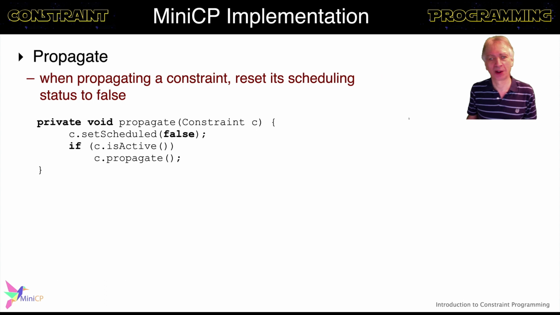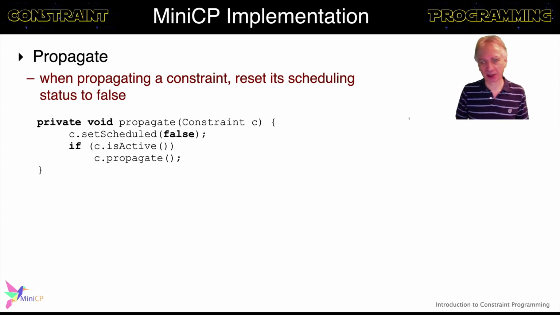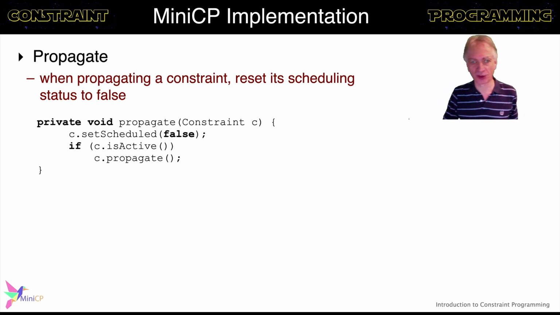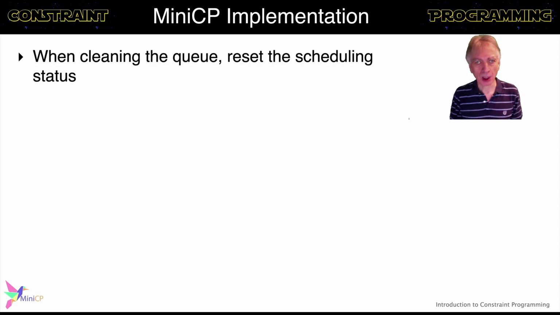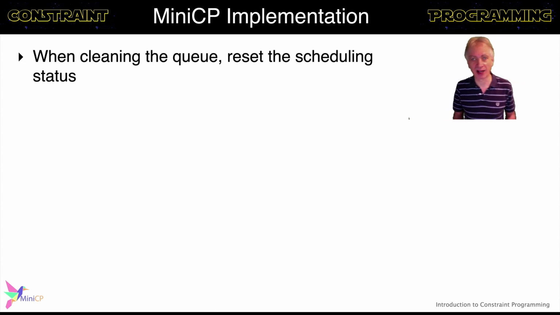All right, so obviously when you propagate a constraint, you have to tell the system, hey, I'm not on the queue anymore, so you set the schedule flag to false, and then if the constraint is active, you propagate it. The constraint may have become inactive because of some other reasons, obviously. So when you are cleaning the queue, you have also to reset the status of the schedule flag, right?